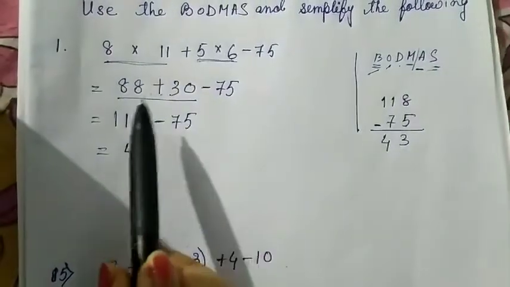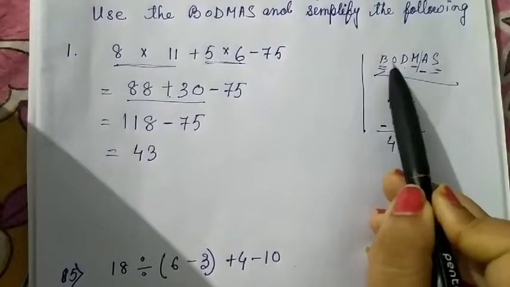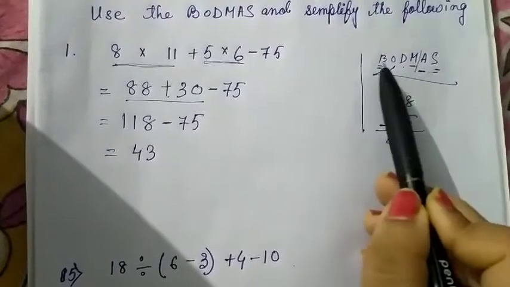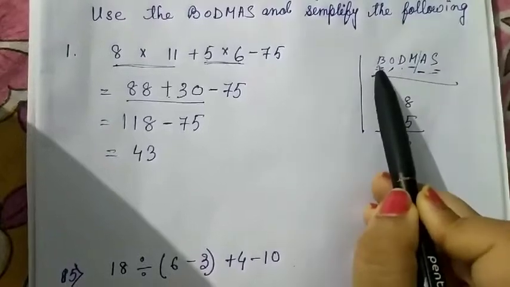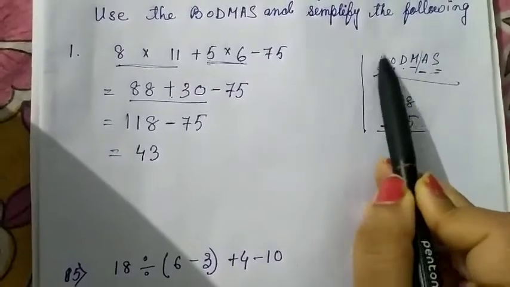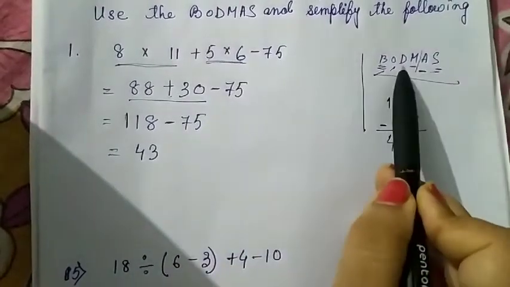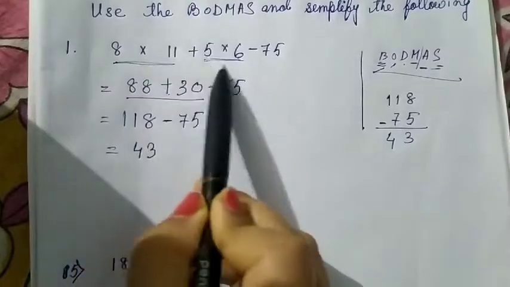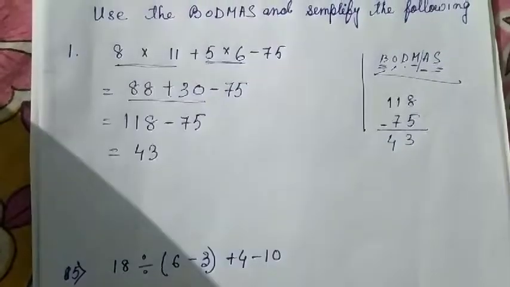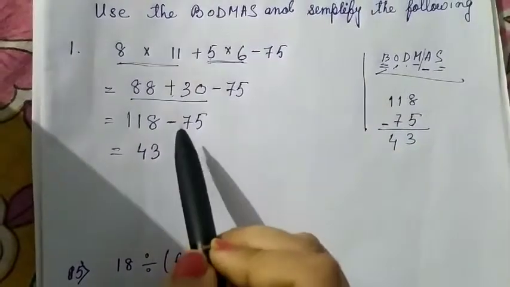I am repeating how we solve this type of question. We follow the BODMAS rule: bracket, of, division, multiplication, addition and subtraction. Bracket means B. Is there any bracket? No bracket. No of. No division. Then is multiplication there? Yes. Two terms are related to multiplication: 8 into 11 and 5 into 6.